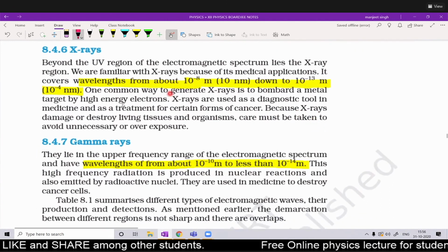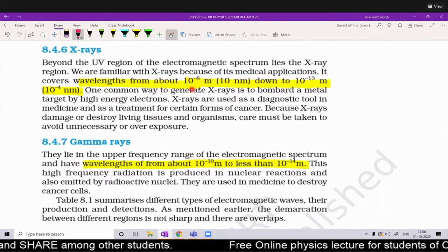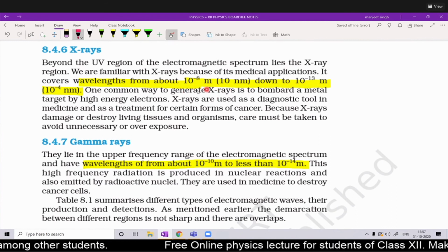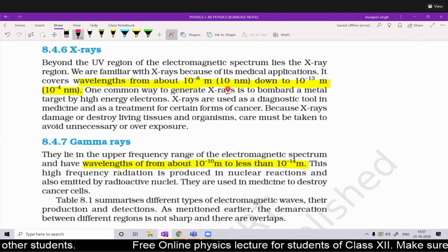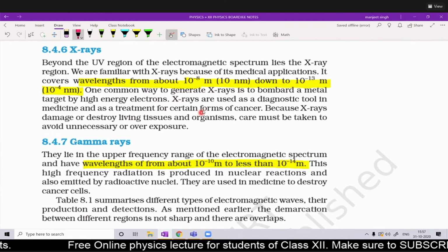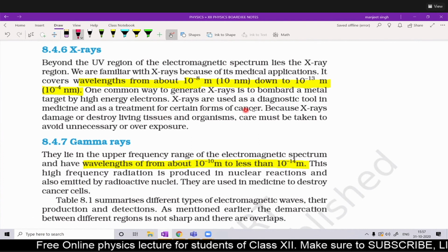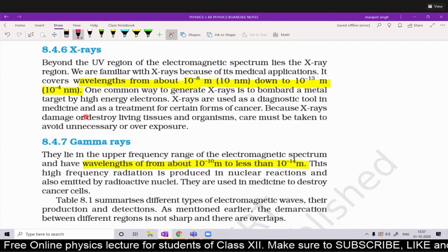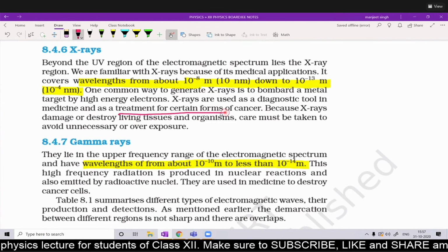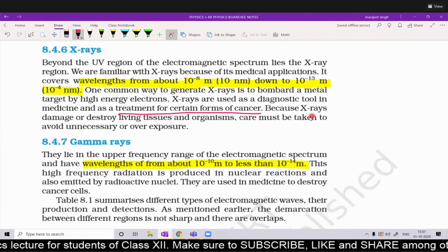Next in the line is X-rays. The wavelength of X-rays is about 10 to the power minus 8 meter to 10 to the power minus 13 meter. These are used for medicinal purposes, and certain forms of cancer are treated by X-rays.